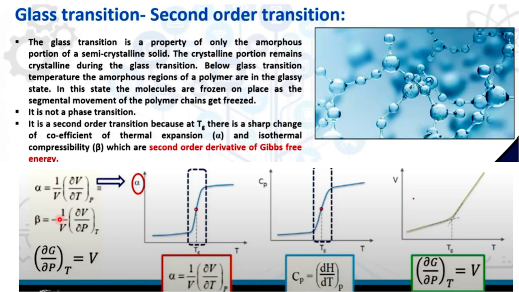We know that thermal expansion is 1 by V into del V del T at constant pressure, and thermal compressibility is equal to minus 1 by V del V del P at constant T. So these are already a derivative of volume. Since the further changes are actually occurring, that's why it is a second order transition.